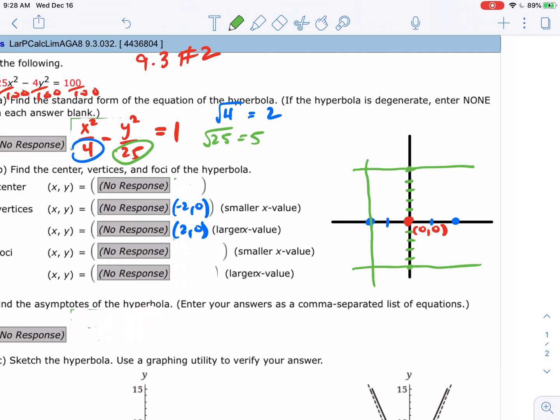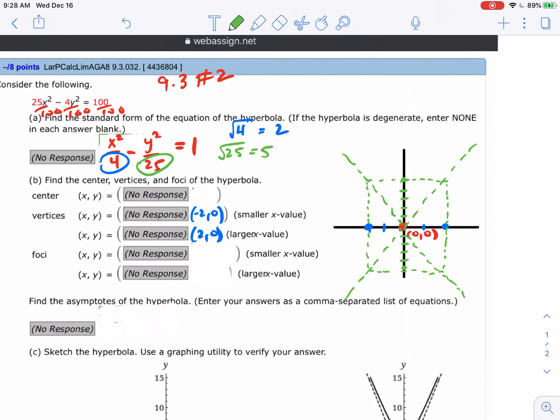So what I do though is I draw an imaginary box. So I'm going to go up and across and down. And then I can draw through the corners of that box. And I'll explain how we can also get that in just a second.